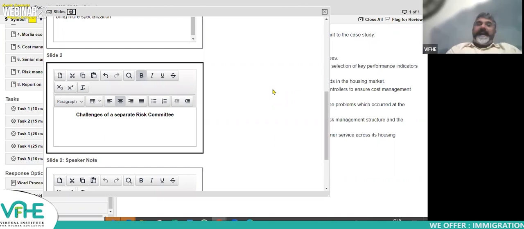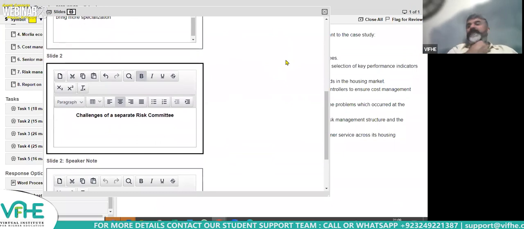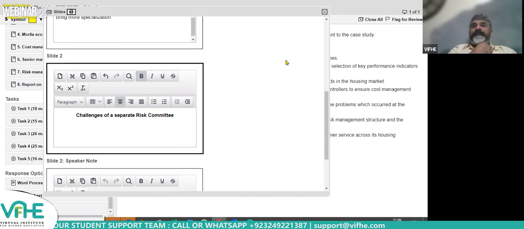So there are 2 possible answers. A general answer would be lack of specialization, so we might struggle to find a person with the right risk management experience, right? Risk management is not a very common field. You can find a lot of accountants and auditors for audit committee.